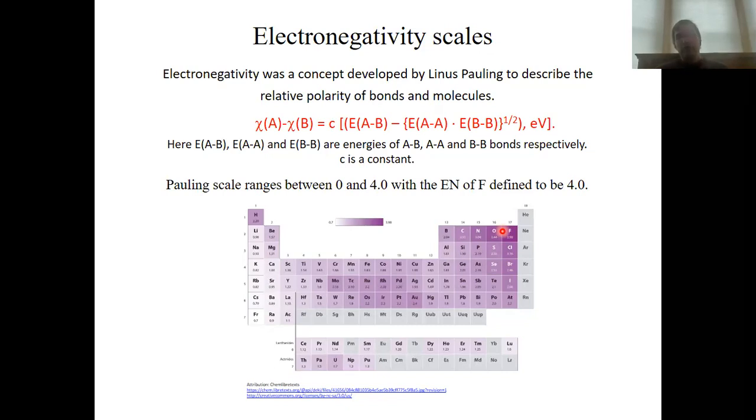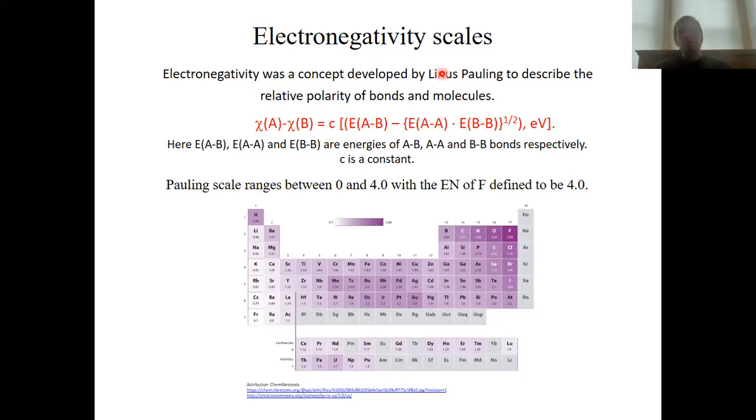To start with, let us look at how Linus Pauling defined the electronegativity. So his thought was that the electronegativity is related to the dissociation energies of bonds.